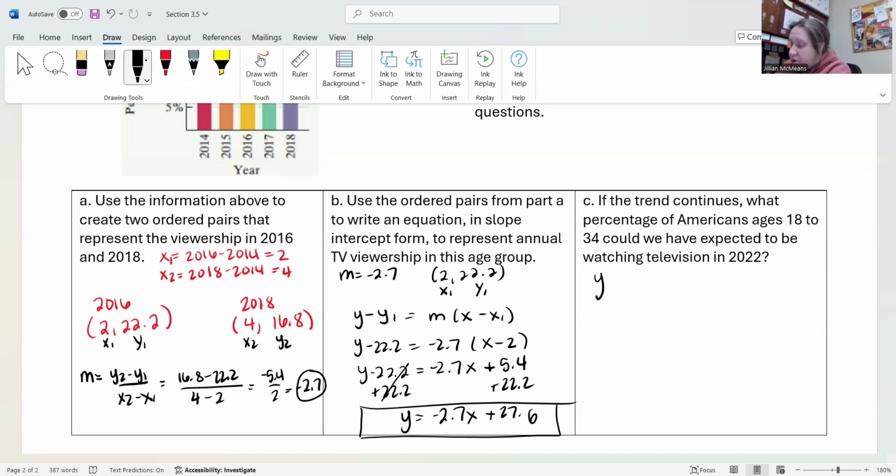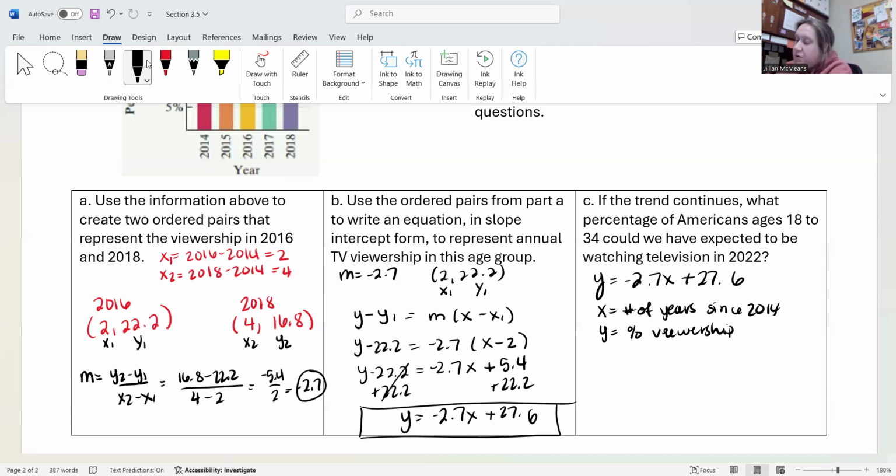So we have the equation y equals negative 2.7x plus 27.6. We know x equals the number of years since 2014, and y equals percent viewership. So it's the percent of Americans in that age group that are still watching TV.